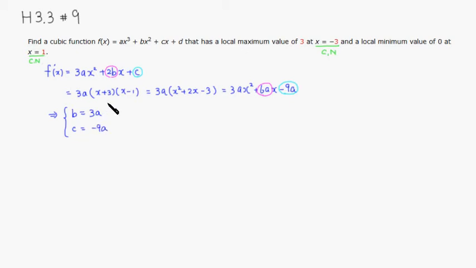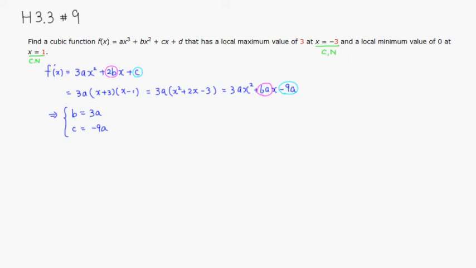Then what you can do is look at the original function. When you plug in -3, we're supposed to get 3, and if you plug in 1, we're supposed to get 0.